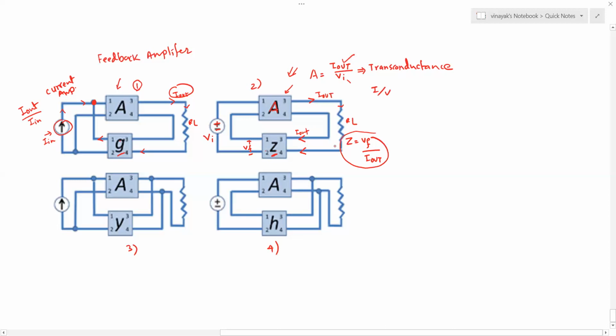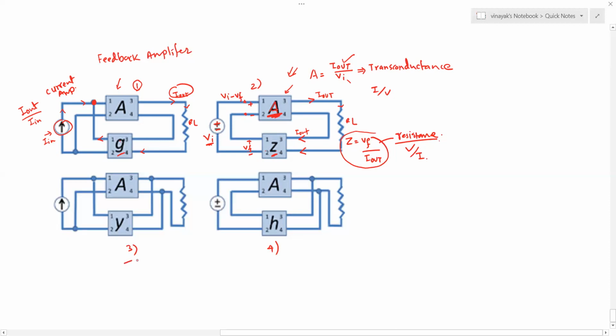And you see now this feedback network is acting as a resistance, because it's the ratio of voltage divided by current. So this voltage VF and the voltage VI are subtracted at these two nodes. The signal being fed to the amplifier is the difference between VI and VF, so here you have VI minus VF. Okay, so that is the second configuration.